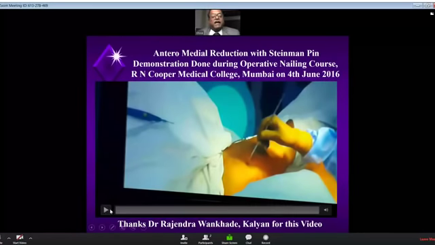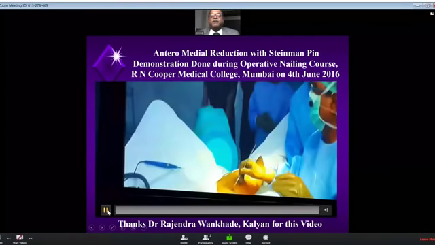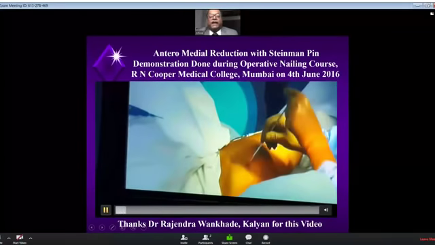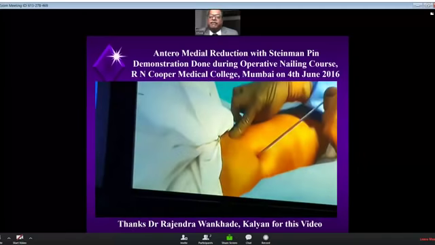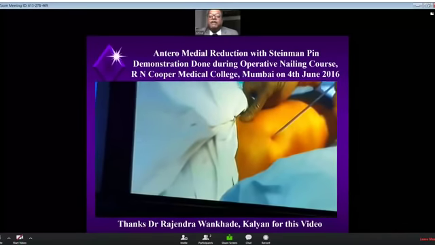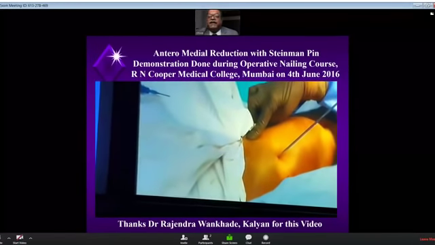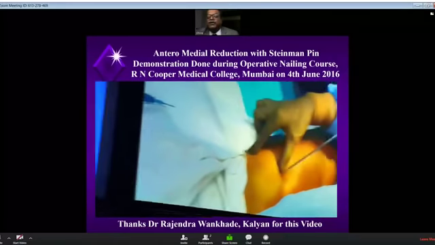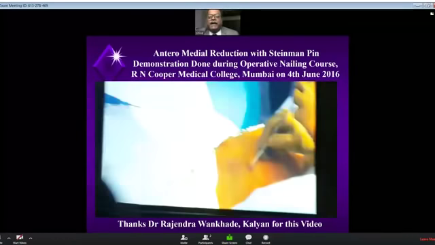video here. Okay. Friends, here I'm inserting a percutaneous Steinman pin quite away from the artery. So it's for the anterolateral aspect. I'm inserting the Steinman pin. My right index is on the artery. So it's not from the end, it's from the anterolateral.